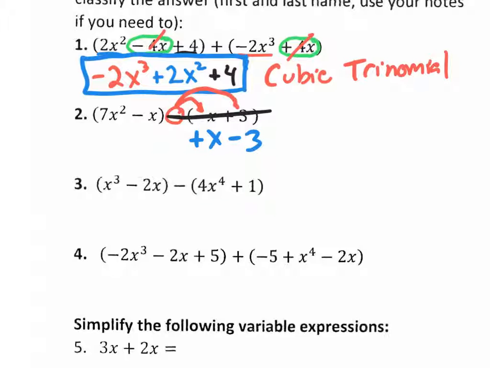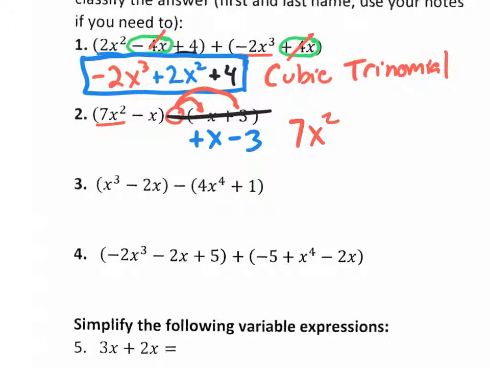So now I want to combine like terms. I have 7x squared, I have minus x, a plus x, and a minus 3. We're going to start with the highest exponent, and the highest exponent term is the x squared. And there's nothing else to combine it with. This is not an x squared, that's not an x squared, that's not an x squared. So that is the first part of our answer, 7x squared. Now let's move on to the next highest exponent, which is x's to the 1 power.